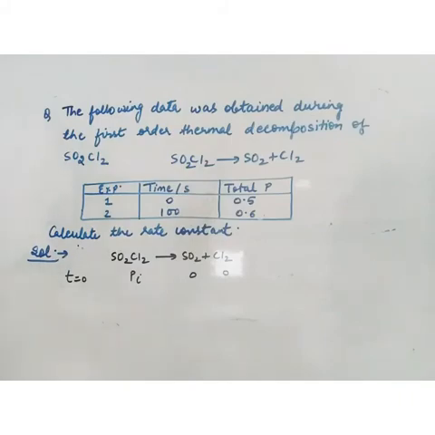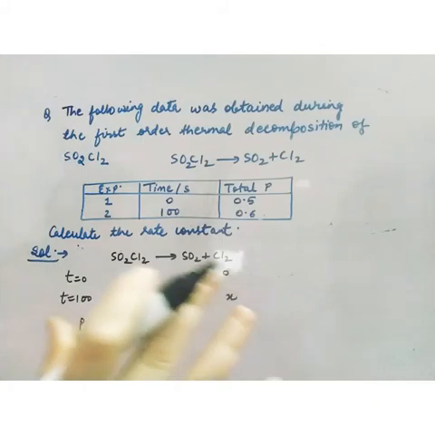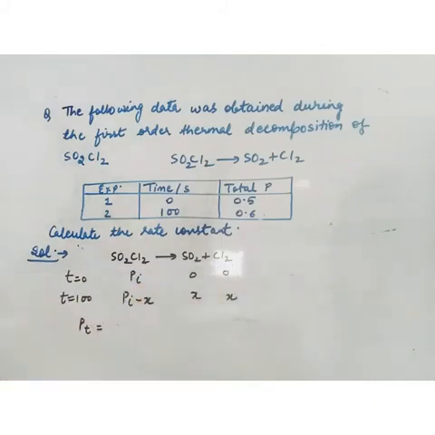Now the reaction is proceeding. So at t equal to 100, what will happen? The pressure of SO2Cl2 will decrease and the pressure of SO2 and Cl2 will increase. So Pi minus X, X and X. Now at this time, what is the total pressure? Pt, because all the three gases are in the same container. So either we can calculate the initial pressure or the total pressure.